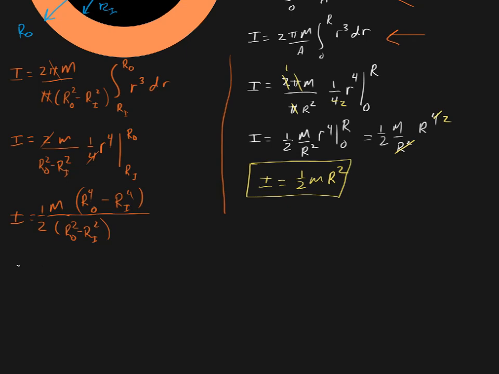Now, if you look this up in a table somewhere, what you get for the thick ring is I is equal to 1/2 m times r outer squared plus r inner squared. And you say, okay, this does not look like that. And certainly you can't just reduce this down and try to cancel out the r outers and the r inners so that you get r squared and r squared, because that's a minus sign, not a plus sign.